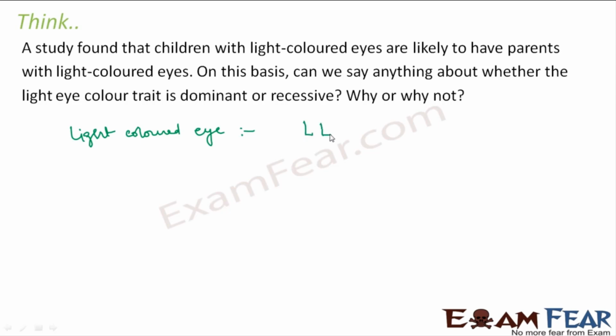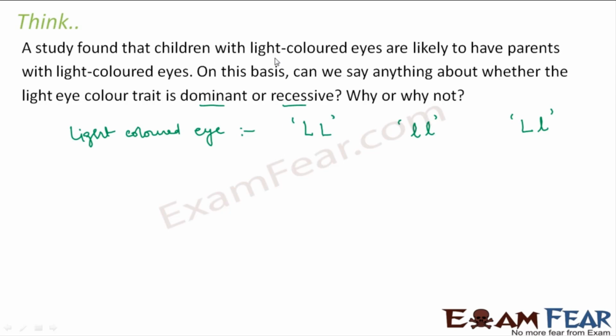We can denote it as capital L, considering that the light colored eye is dominant, or as small l, considering it is recessive, or as capital L, small l, considering it as a hybrid. Right? But in this case, we do not know whether this trait is dominant or recessive. So that is the question. Can we say if the trait is dominant or recessive?